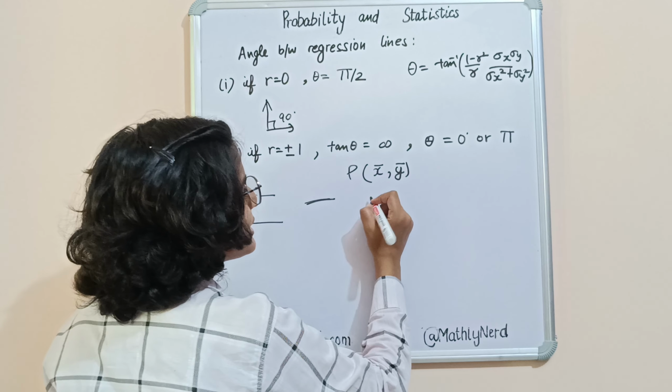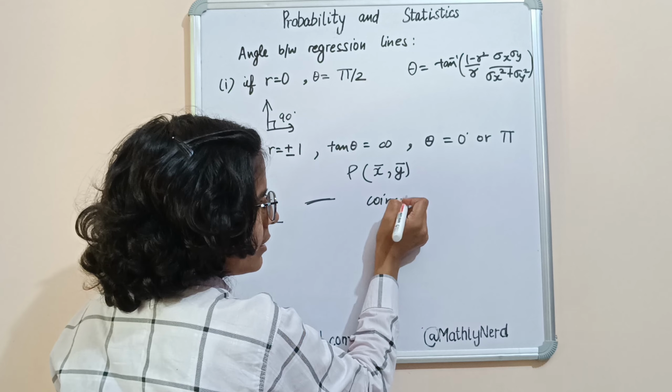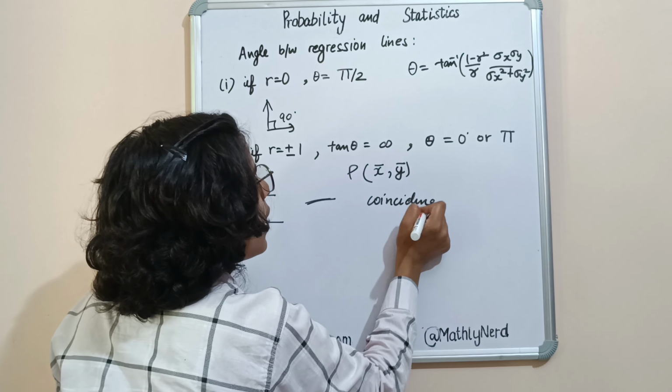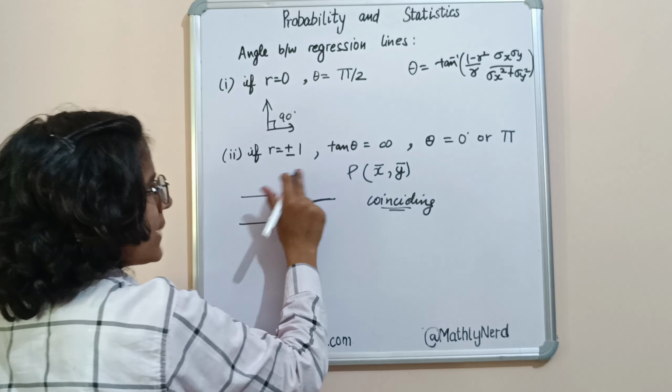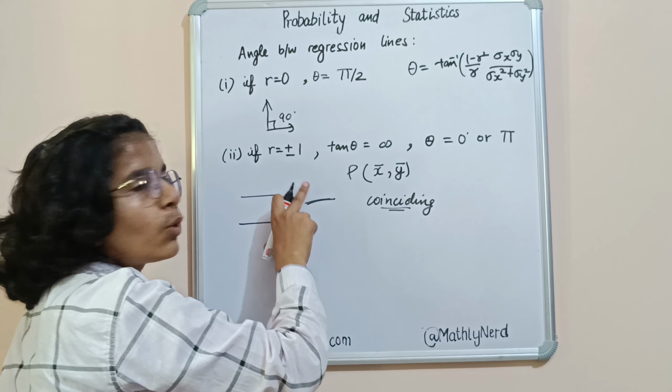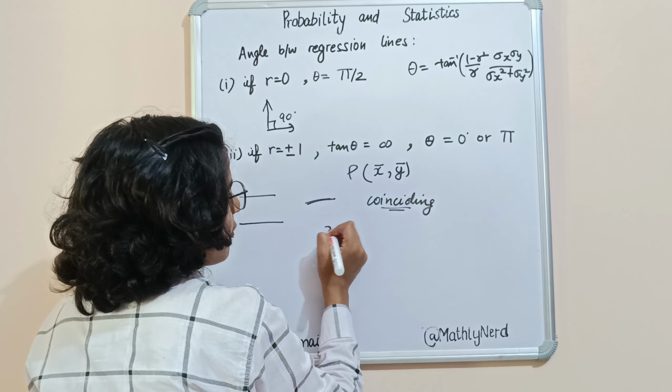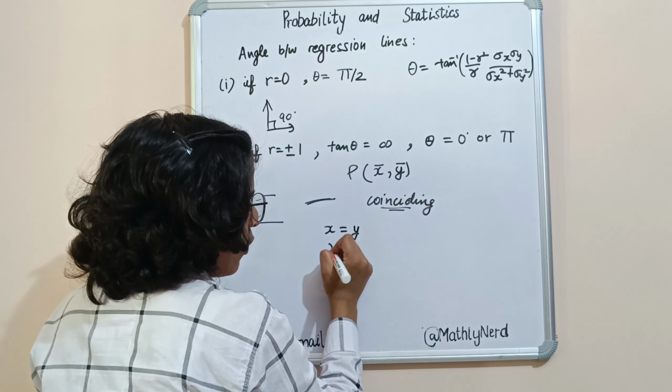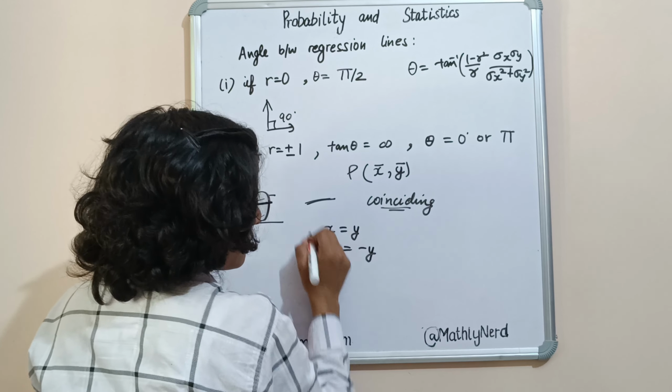Therefore, these lines are coinciding. If r equals plus minus 1, that is, our variables are perfectly correlated. That means x equals y or x equals minus y.